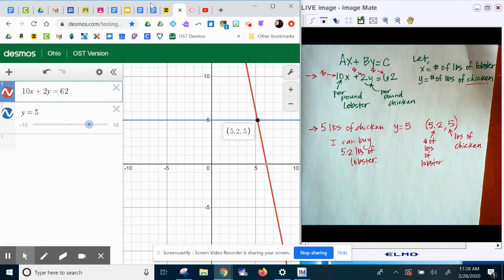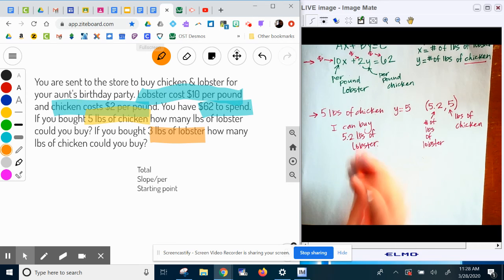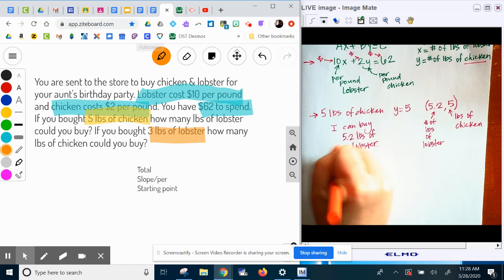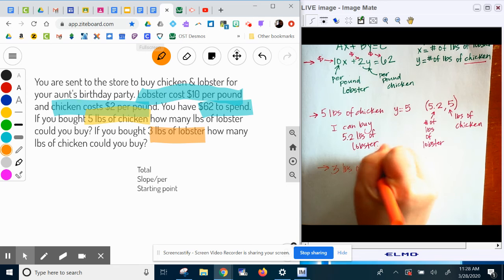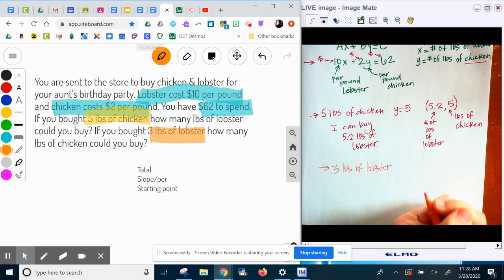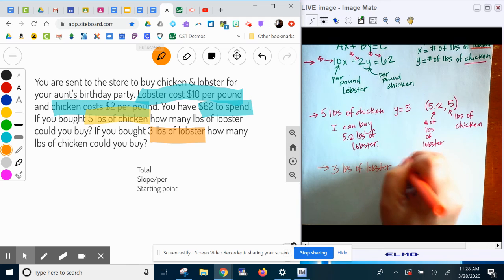The next question asks, if you bought 3 pounds of lobster, how many pounds of chicken could you buy? This time I've got 3 pounds of lobster, and I know pounds of lobster is my x, so x equals 3.